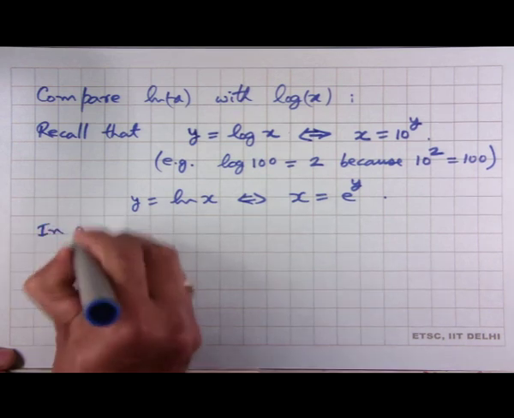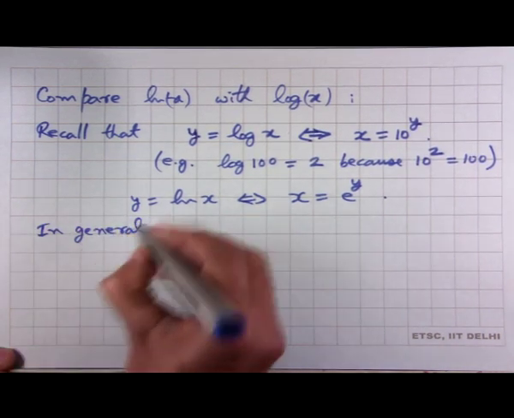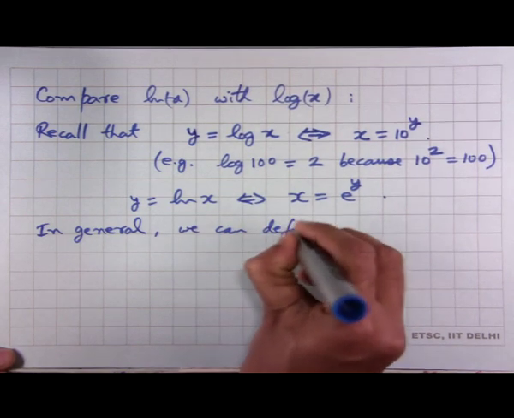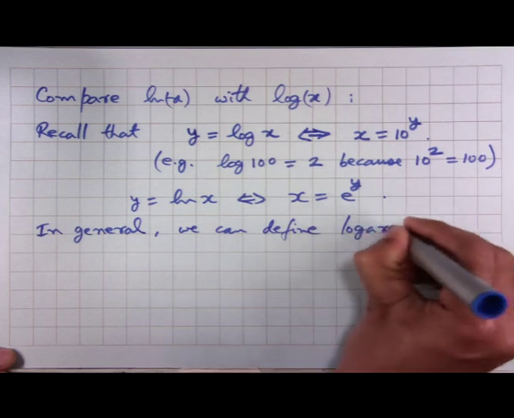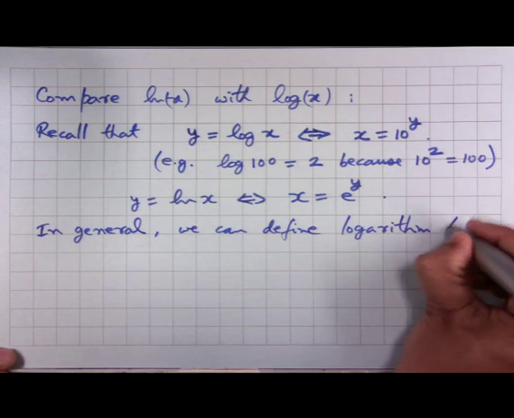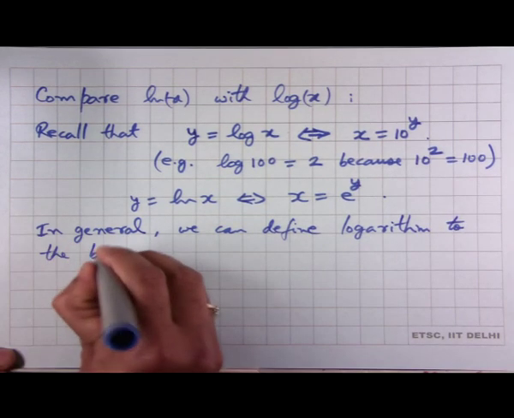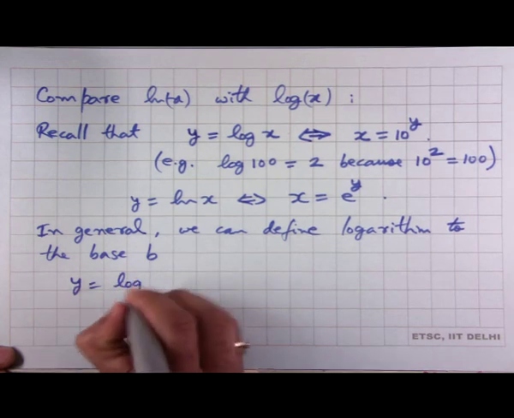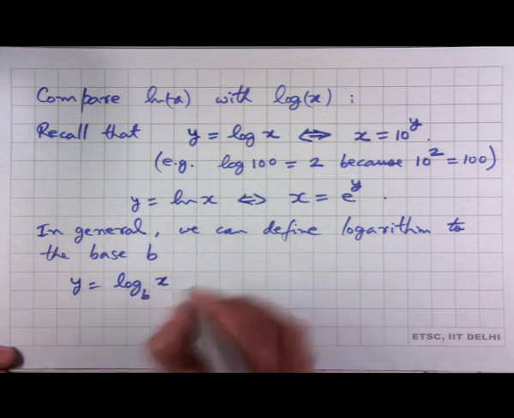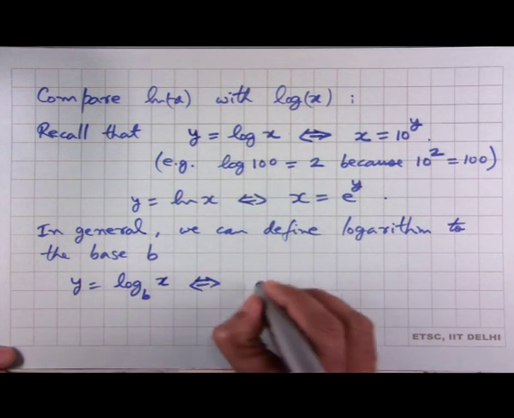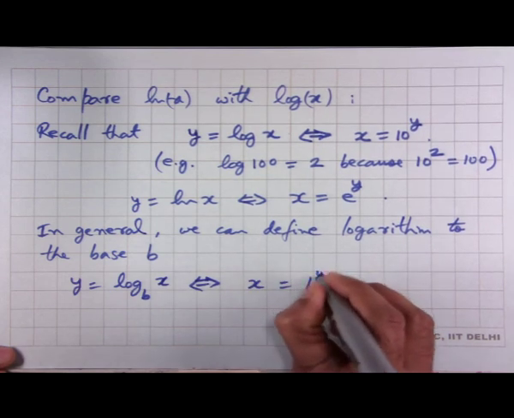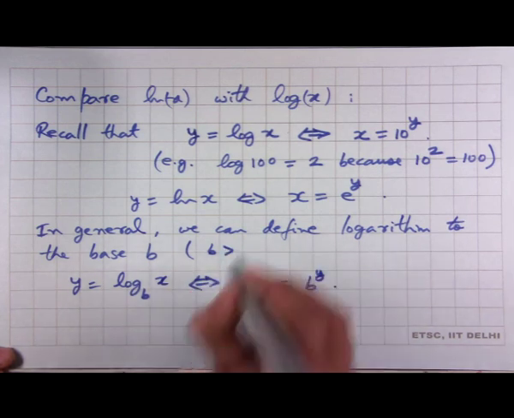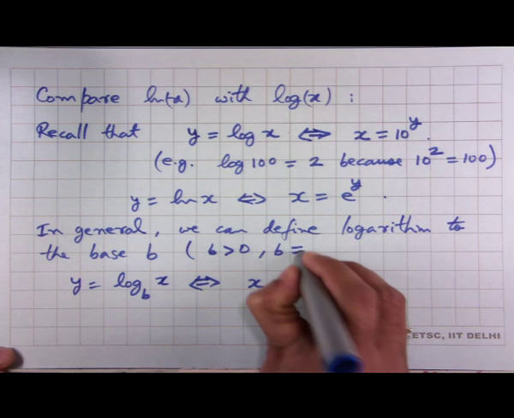In general, we can define the logarithm to the base b by: y is equal to log x to the base b if and only if x can be written as b to the power y, and we take this b to be any positive real number and b is not equal to 1.